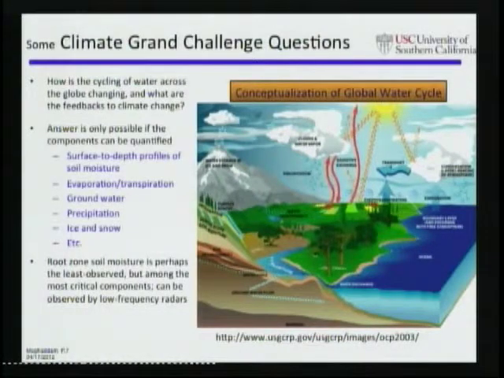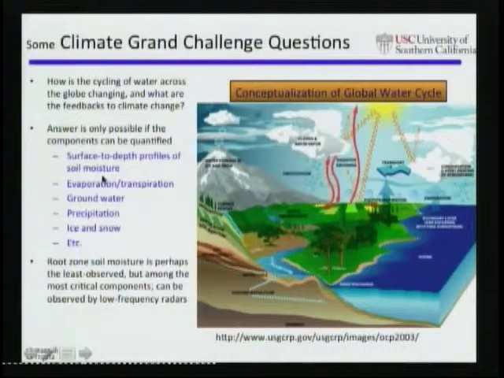Another issue is the global water cycle. The global water cycle basically determines how much water comes down as rain, how much of it gets evaporated, how much of it runs off, and how much of it gets stored. So it's the whole balance between the different partitions of water. The energy cycle comes in here too, because how much radiation you have on the surfaces also determines what happens to the water. That also is very poorly understood, partly because the scientists don't have enough information on what goes into their models.